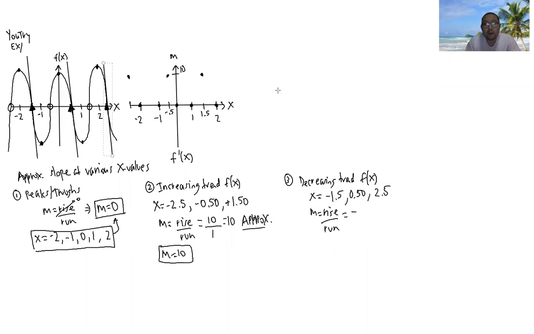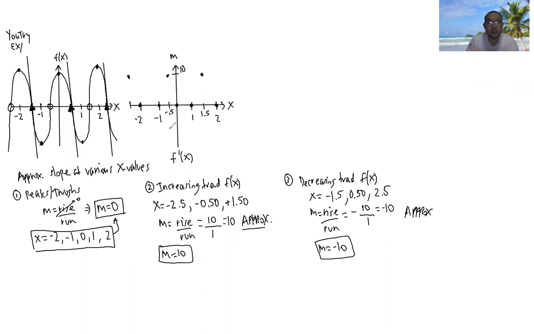So let's say that for every 10 units you fall down, you're going to move to the right once. And this is an approximation. And so this is going to give you an approximated slope of -10, right?